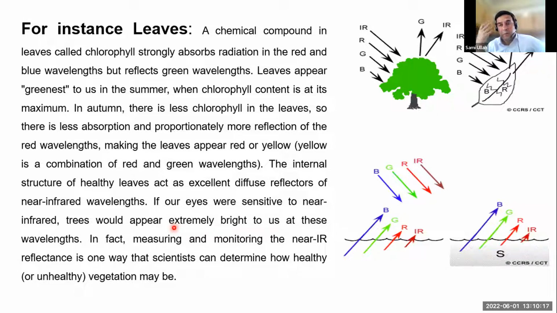If we had the sensitivity, the trees would appear extremely whitish to us as compared to greenish. In fact, measuring and monitoring near infrared reflectance is one way that scientists determine how healthy vegetation may be. That is what we are using, because of the different reflection of the infrared radiation.